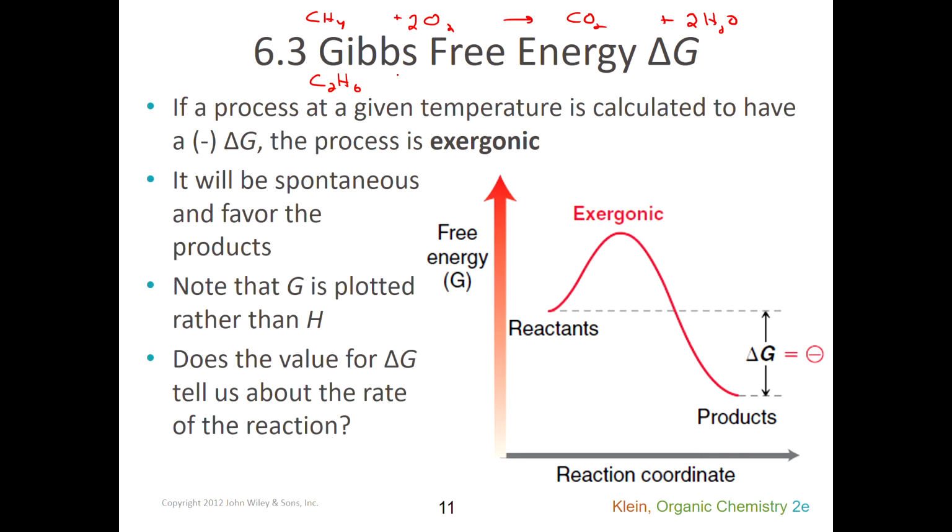ethane and oxygen. So now if I balance it, I'll need a 2 here to get 2 carbon on both sides. I'll need a 3 here to get 6 hydrogen on both sides. So I need a 4.5 here. So we'll have to double all this to get this thing balanced.